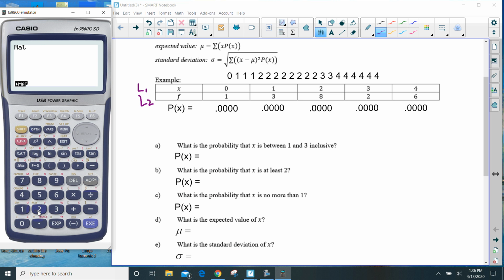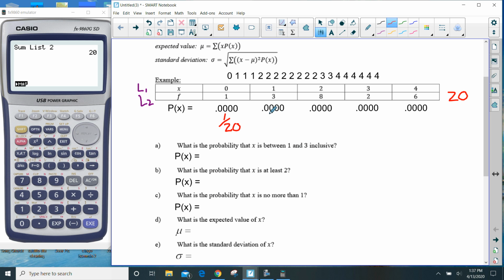The sum of list 2 is 20. If you don't have your fancy calculator, you can just physically add 1 plus 3 plus 8 plus 2 plus 6. So the probability of a 0 would be 1 out of 20.